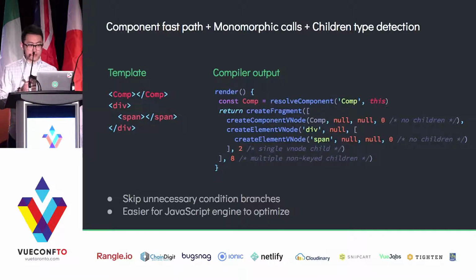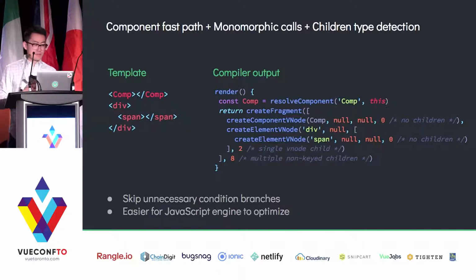This is called monomorphic calls. And JavaScript engines love that. If they see a function and the function keeps getting called with the same shapes of arguments, then the engine is like, hey, I can optimize that. And V8 will do its work and make your code super fast. So we want to generate as much monomorphic code as possible.